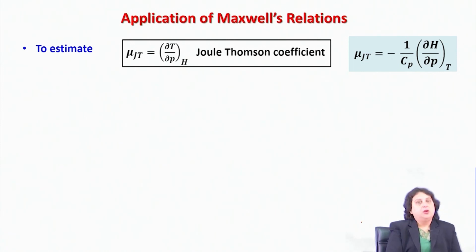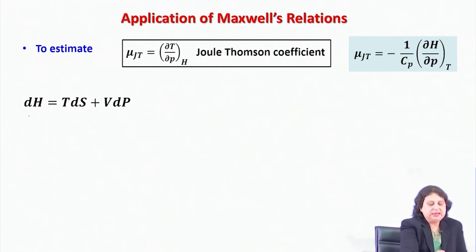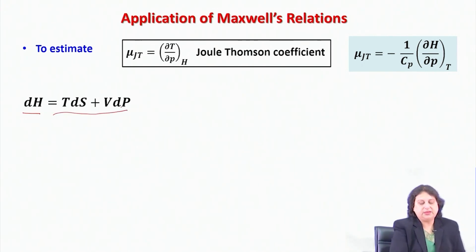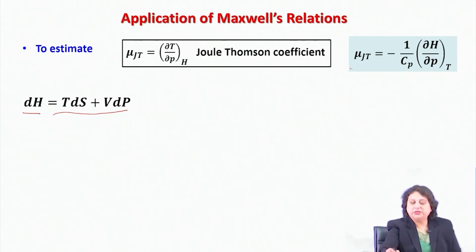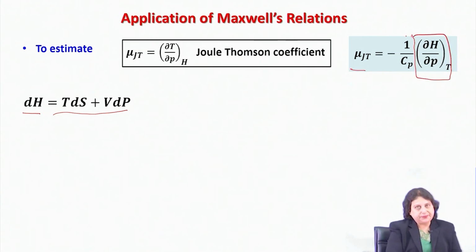lecture on enthalpy. Now, here again, I am going to start from another form of the fundamental equation of thermodynamics. And what is it that I have here? I have dH equal to TdS plus VdP. Why am I starting from this equation? That is simply because in order to find out mu_JT, I need to find out (∂H/∂P)_T.